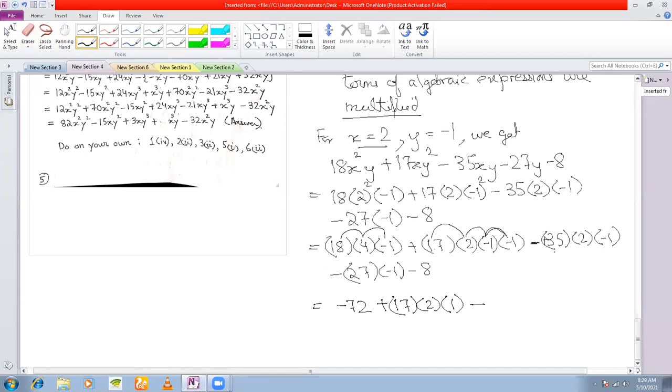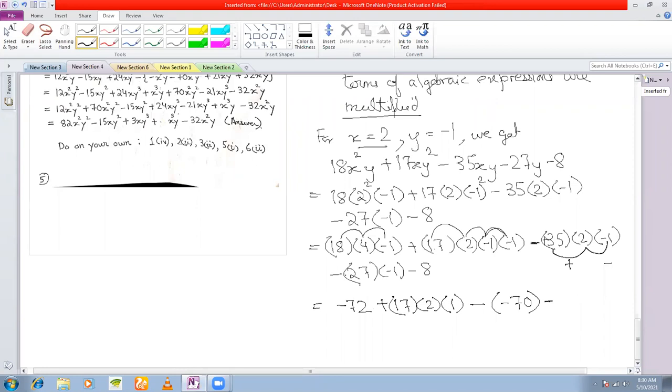Now you understood? Okay. Now 35 is there, plus 35. This plus will combine with the minus to give you a minus. So 35 into 2 is 70. Minus 70.